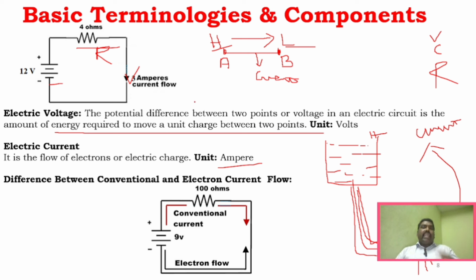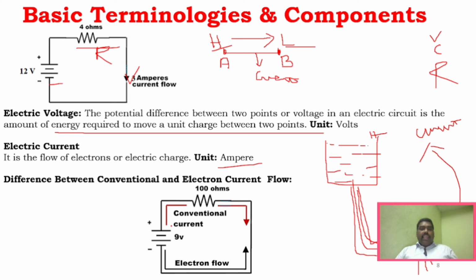And you have to understand the difference between the conventional current and the electron current. Normally, we consider the conventional current to be from higher potential to lower potential, that is, from positive charge to negative charge, right? And electrons are normally negatively charged.